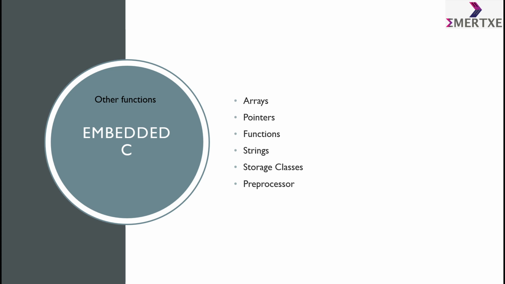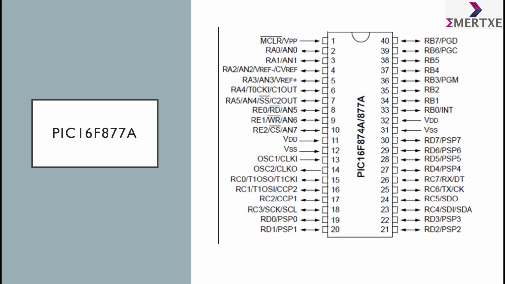Other features of embedded C include arrays, we know arrays, pointers, functions, strings, storage classes, and preprocessor. So this is what we have used in the project this time. This is called PIC16F877A. It comes under the PIC family.